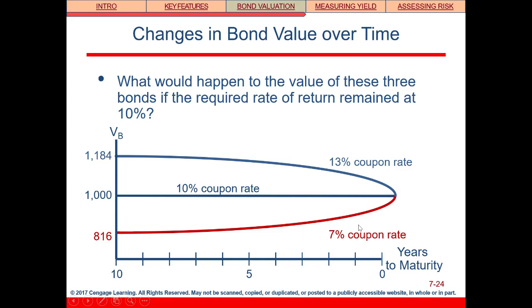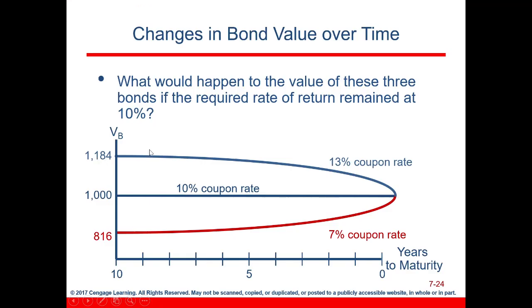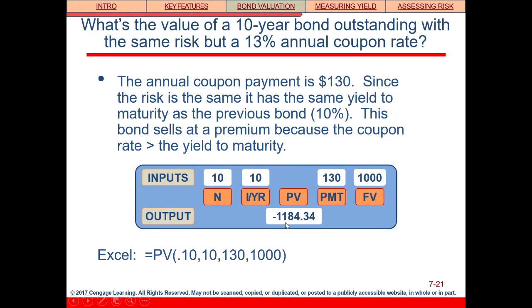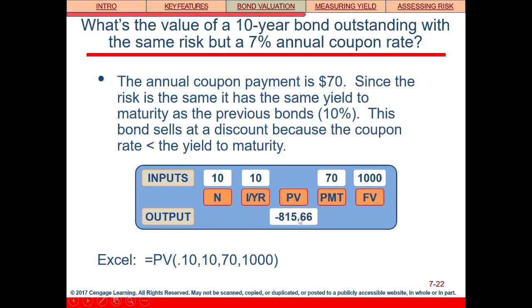Yeah, but let's see, if the market interest rate is 10% and the coupon interest rate is 13%, then we calculated the fair price of this bond should be $1,184, right? Based on the previous slide. So $1,184, that's the fair price of the bond.